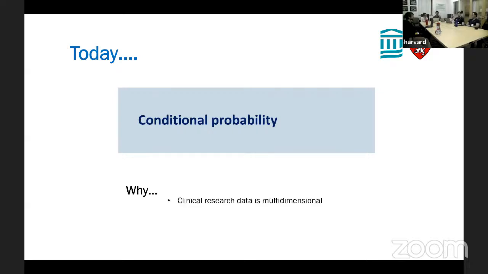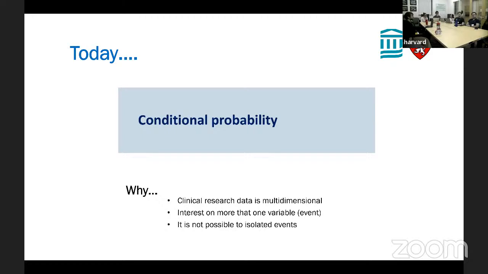We always have multidimensional data. We are always interested in more than one variable, meaning more than one event happening. And when we are analyzing the data, it's impossible to isolate events, right? If one outcome is happening, other things are also happening at the same time. So when we are dealing with any type of modeling, we need to consider conditional probabilities, right?